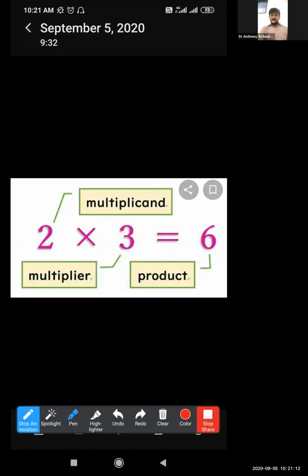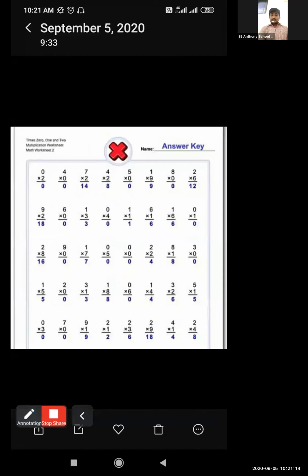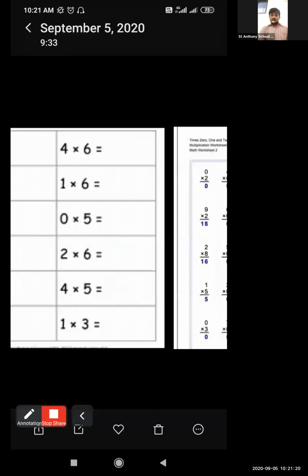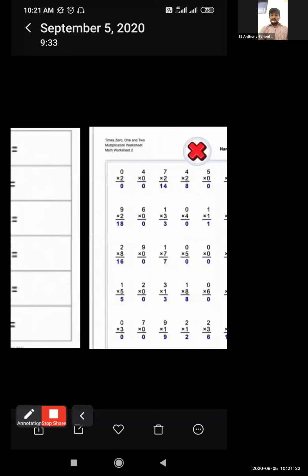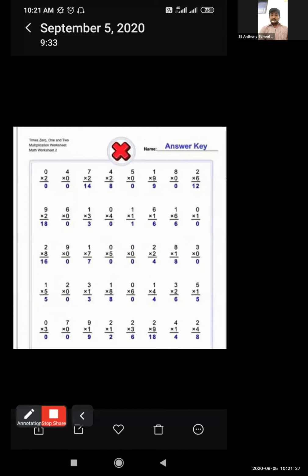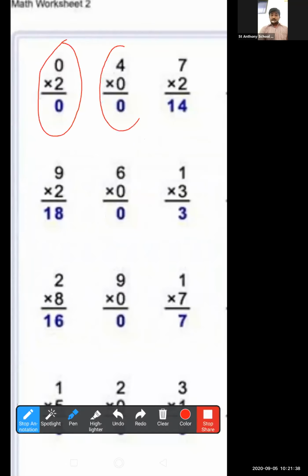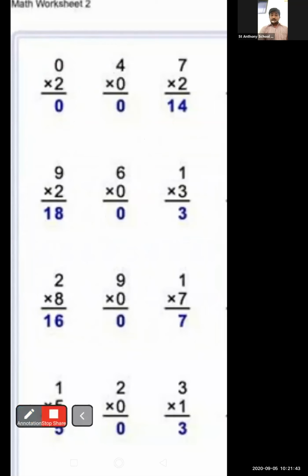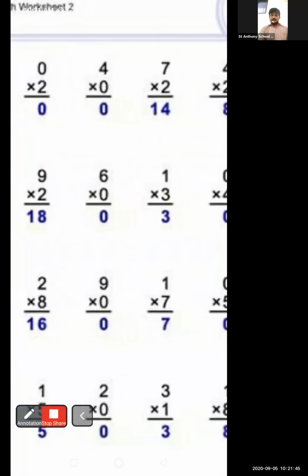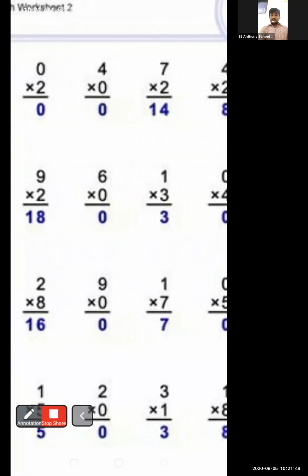Got it, children? Okay, so let's proceed further now. I would say observe it. It's a request to all of you, please observe it. Observe this sum, and this sum, again this sum, and then this sum.